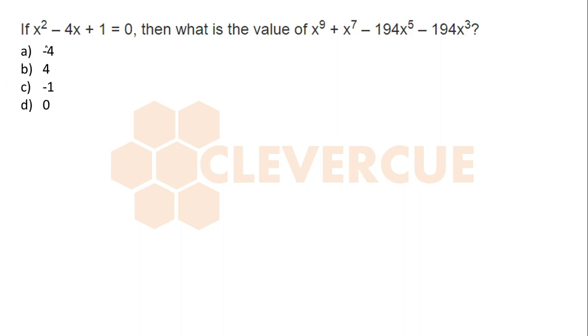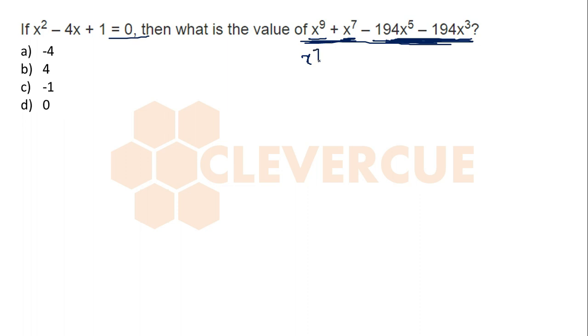Now, if x square minus 4x plus 1 is equal to 0, then what is the value of x to the power of 9 plus x to the power of 7 minus 194 x to the power of 5 minus 194 x cube? Now here, you can take x to the power of 7 common from the first two terms, and from the last two terms you can take x to the power of 3 common.